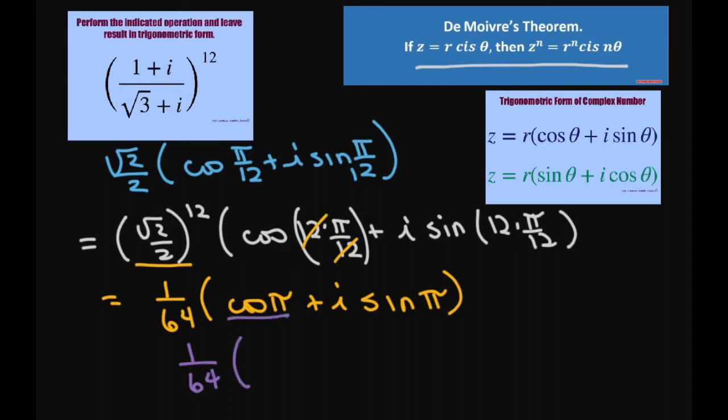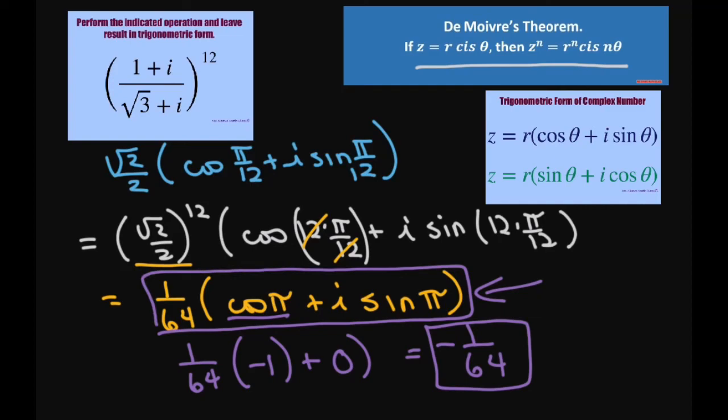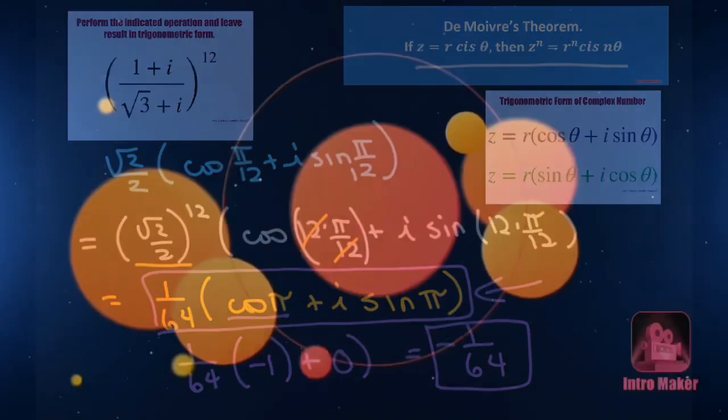Cosine of pi is -1, and sine of pi is 0. So your final answer would actually be negative 1 divided by 64 if you need to go that far. But it says leave it in trigonometric form. This is trigonometric form right here. Thank you. Have a nice day. Bye-bye.